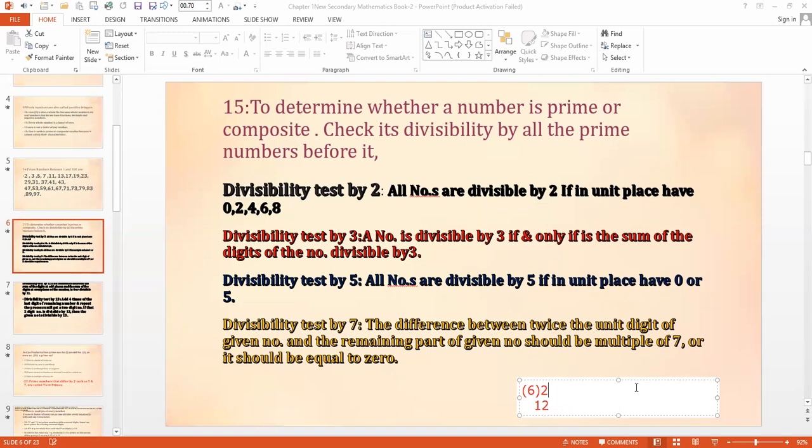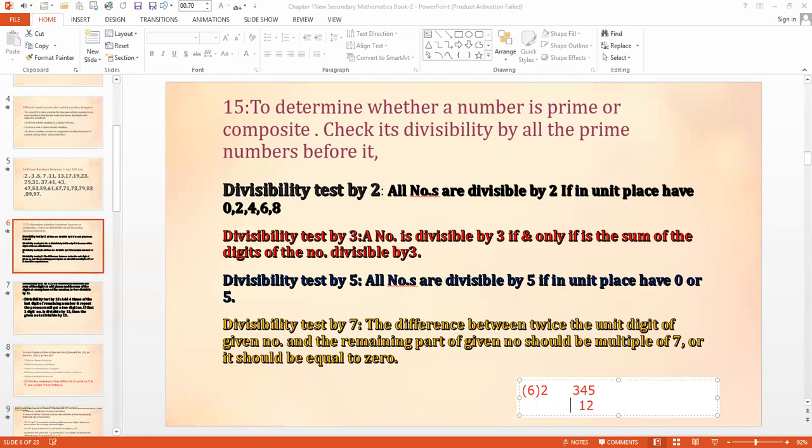Now, what is the original number which I gave to you? That is 3,456. Please listen to me carefully. 3,456 is the original number. At the unit place, you have 6. What shall we do? We have to double this digit 6, and my answer is 12.